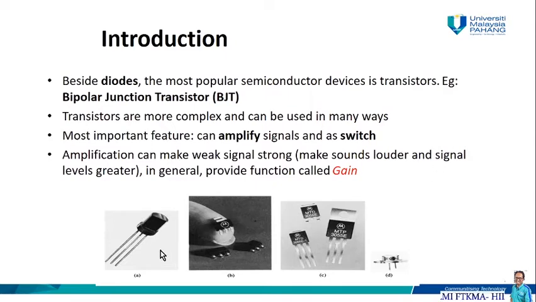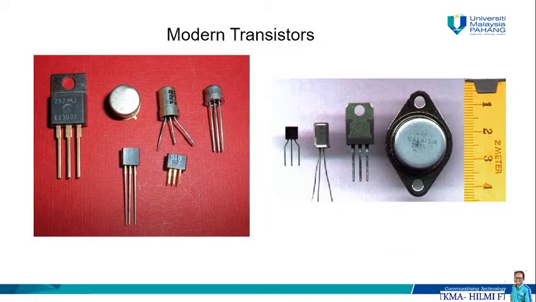These are some examples of transistors that we have. Basically we have 3 different terminals. Here we are going to learn the names of the terminals later. This is also an example of modern transistors, and as you can see closely, one of the transistors is made in Malaysia, and we should be proud because one of the main manufacturers of semiconductors in the world is from Malaysia.